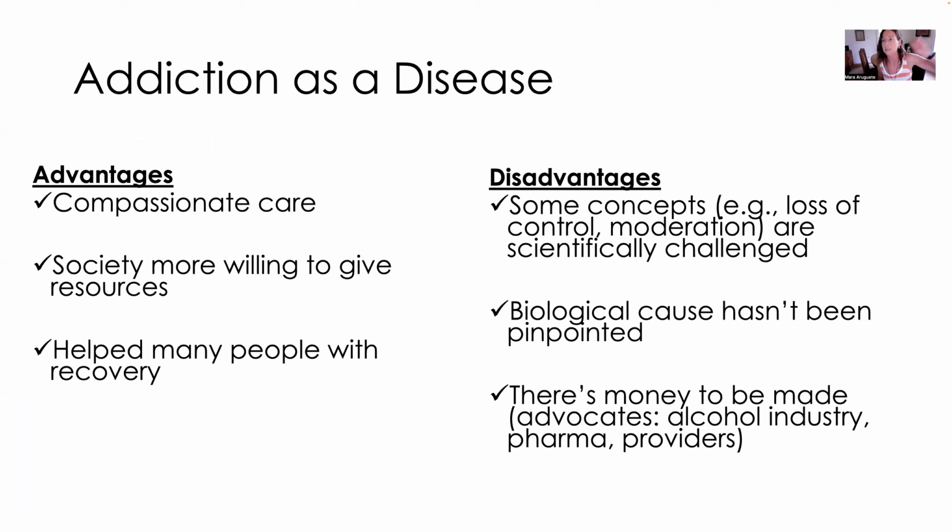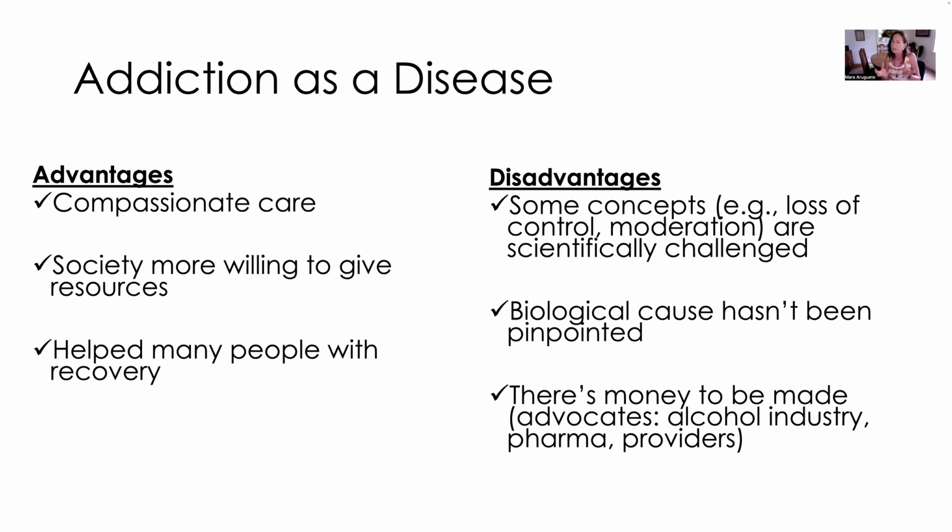Well, one of them is compassionate care. As society goes in and out of the idea that addiction is a disease, they're more willing to give resources. They're more willing to make treatment programs and things like that. That's helped a lot of people with recovery. And I think I talked about that with regard to Alcoholics Anonymous.